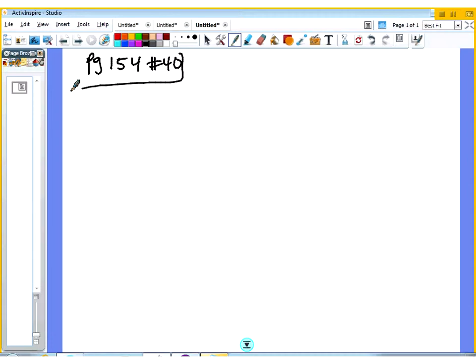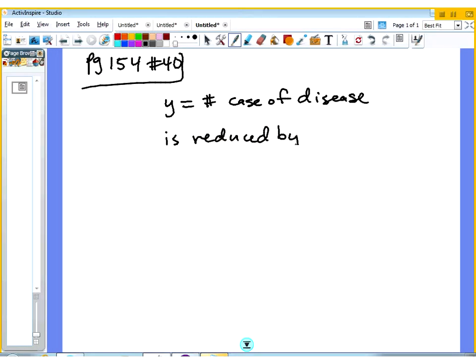So this problem says, suppose Y is the number of cases of the disease and it is reduced by 10% per year.